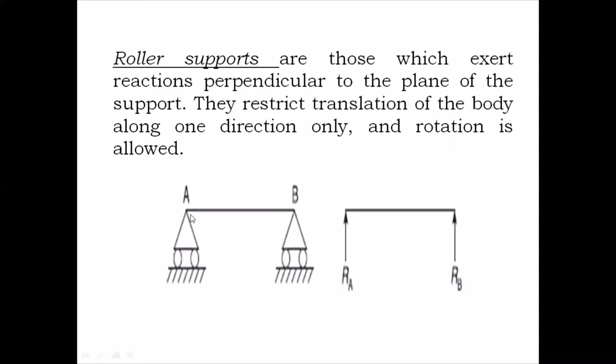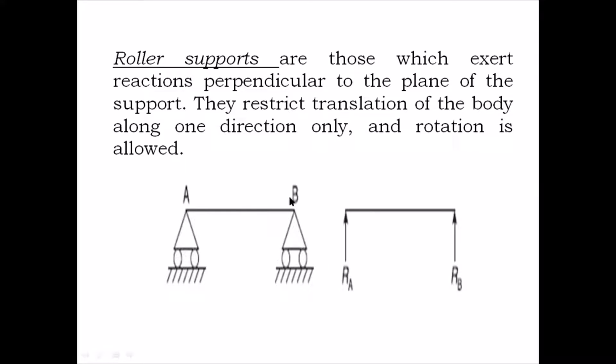Keep one thing in mind: whenever you come across a roller support, the number of reactions you are going to have is only one, and that will be in the vertical direction. I repeat, whenever you come across a roller support, you will have only one reaction, that will be a vertical reaction, and you will not have any other reaction other than a vertical reaction.